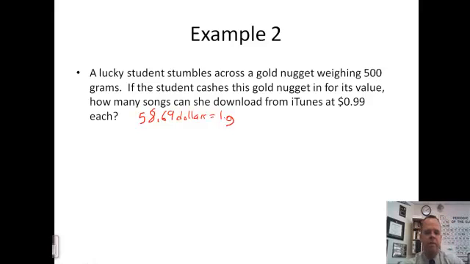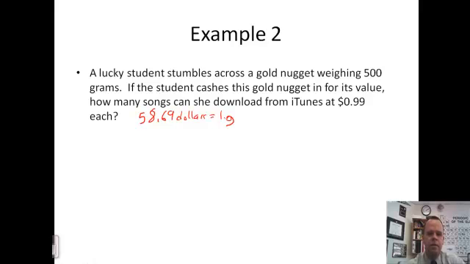So the current price of gold, $58.69 per gram. You could look that up on the internet if you wanted to find a more recent value. So what I would do, pause this problem, try it yourself, and then press play and see the way that I go through solving it.